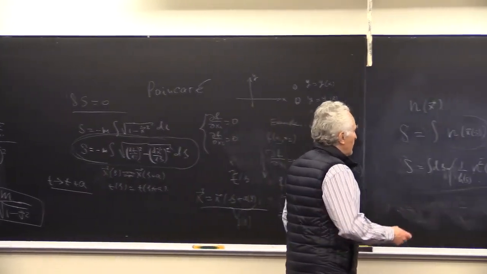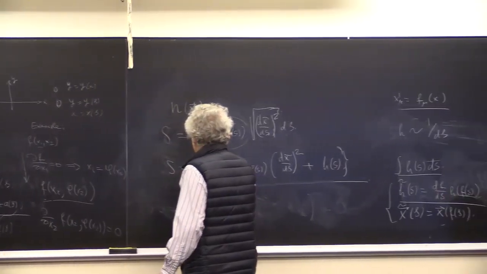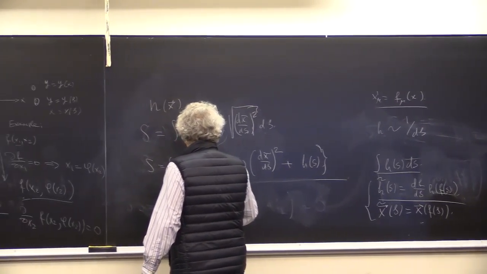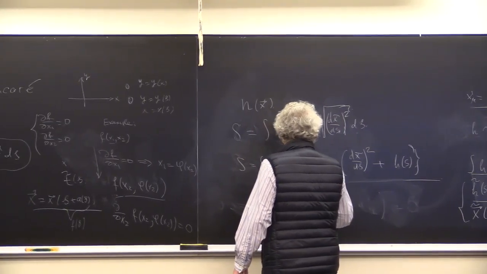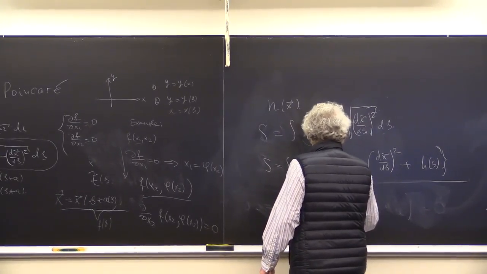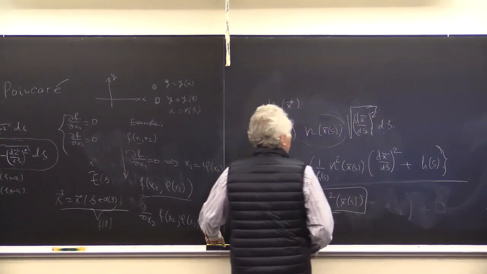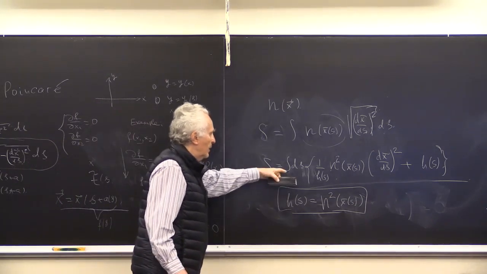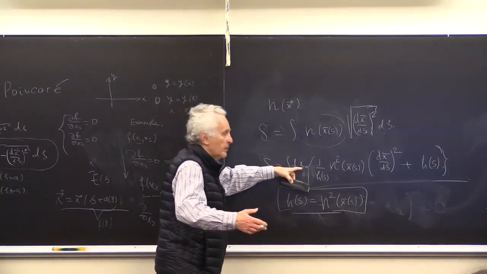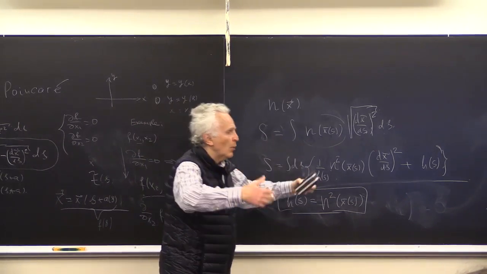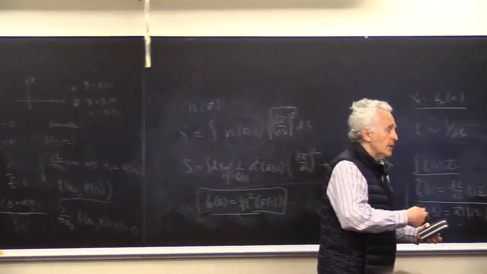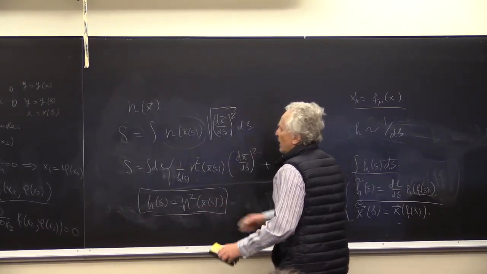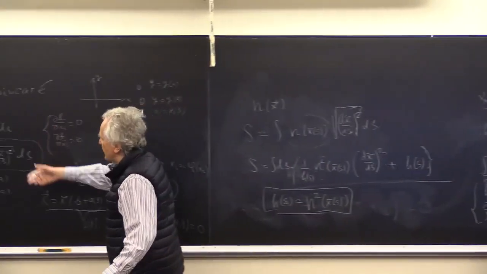But it's much more convenient here to choose the gauge in which h of s is equal to n square of x of s. If we choose this gauge, once again, when you have reparametrization invariance, there are an infinite number of ways you can choose parametrization. And this is one particular way in which you can do this. Here we used a different gauge.